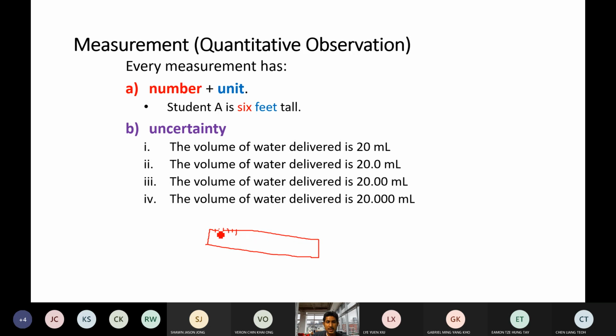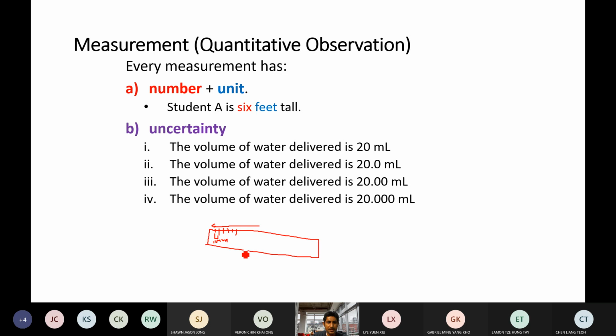So the ruler can only measure as far as these graduated signs. Let's say the gap between this and this is 1 millimeter.